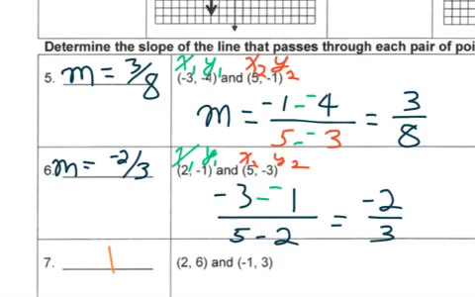Okay, hopefully you've already worked these. Hit pause and double check yourself. And I just want to make a point about, please save yourself a lot of trouble and take a second to label x1, y1, x2, y2. I promise you it's worth it, and it will save errors. The other point I want to make is they seem to be making a big deal out of subtracting a negative, y2 minus y1.